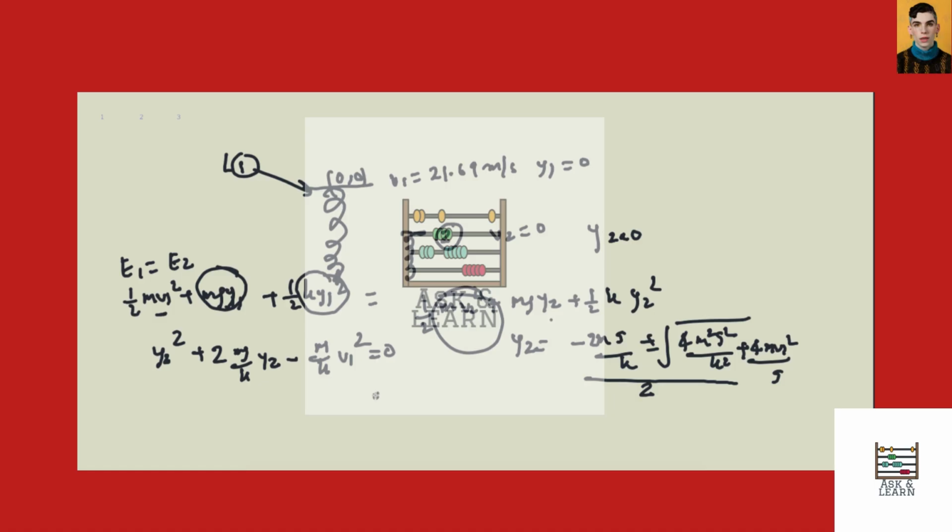So if you solve that and plug in the values, you will get y2 as negative. We must choose y2 as negative, and the only negative root, by plugging in all the values of m, g, and v1, gives y2 equal to negative 1.4 meters.